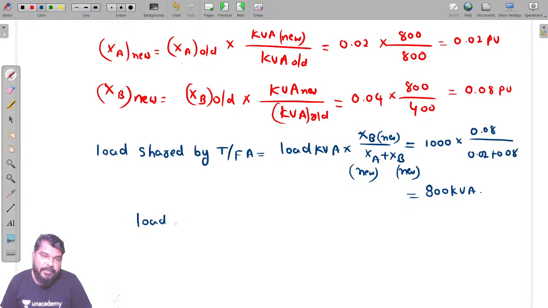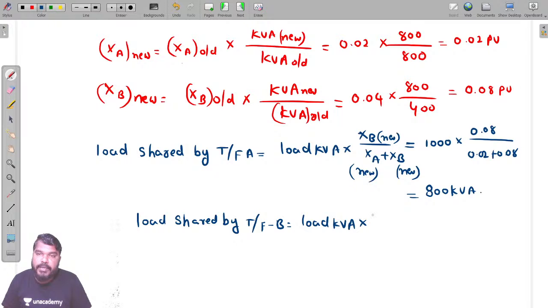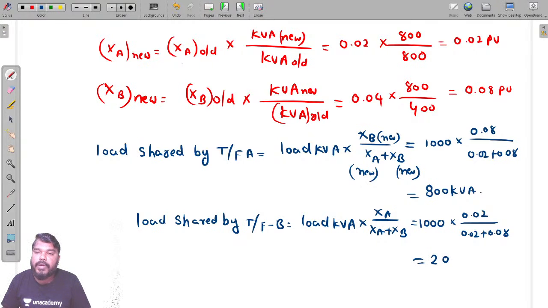Next, the load shared by transformer B is equal to the load kVA into XA divided by XA plus XB. That is 1000 into 0.02 divided by 0.02 plus 0.08, which is equal to 200 kVA.